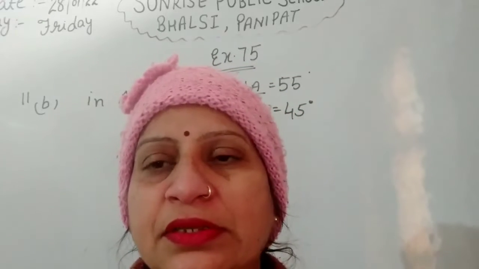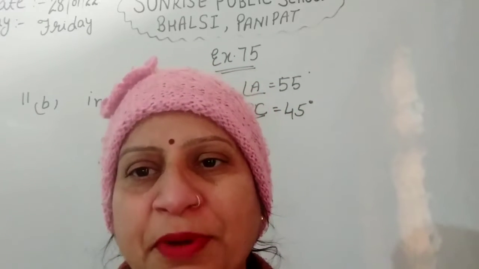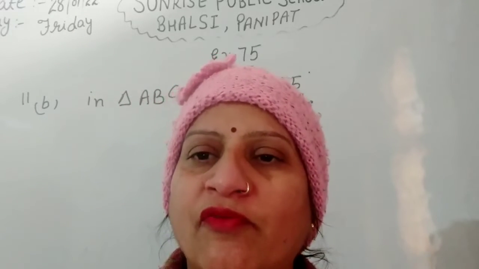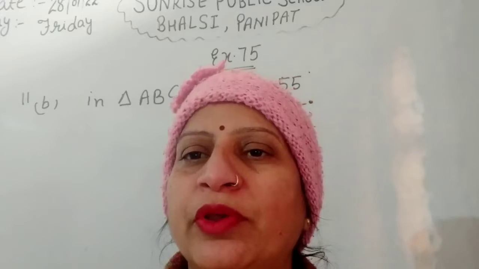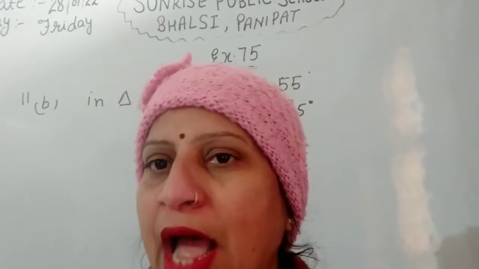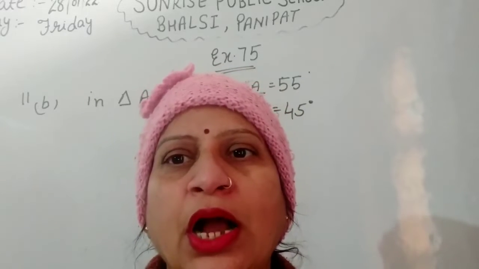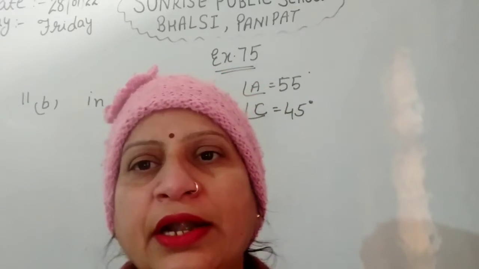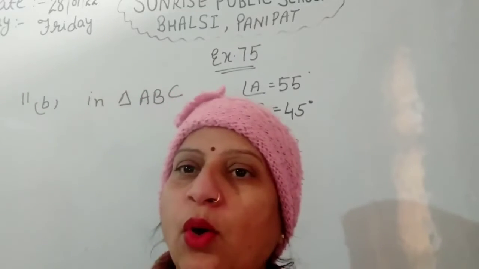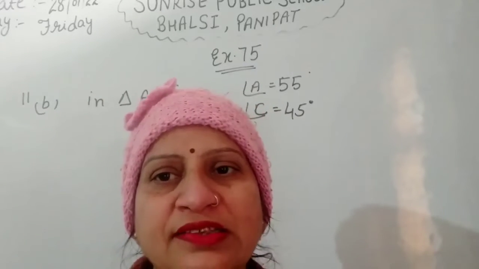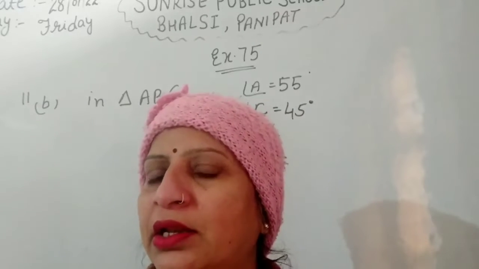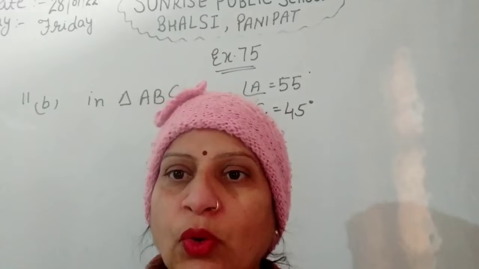In my previous video, I explained how to find the third angle of a triangle when two angles are given. Now in this video, I explain that when two angles are given, on the basis of these two angles we have to find which type of triangle it is.